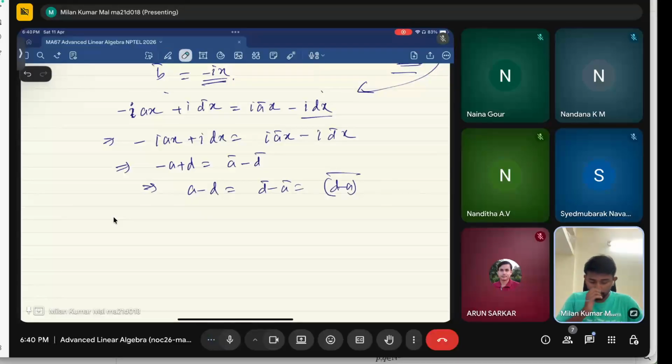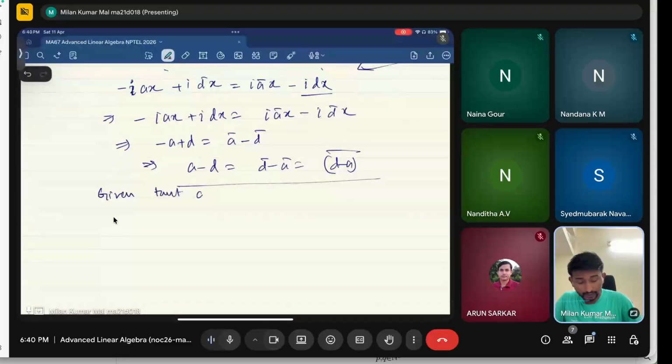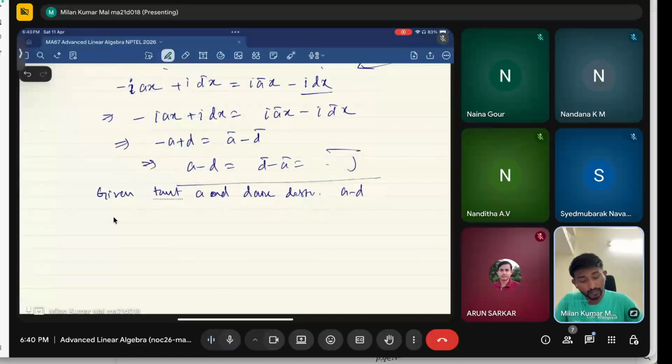So what happens when this type of thing happens? Given that A and D are distinct, A minus D is not equal to 0.